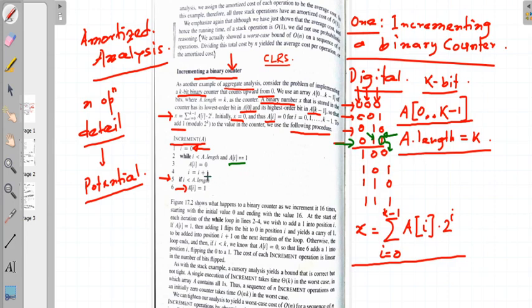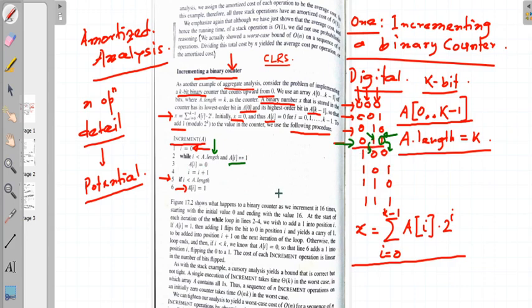So I is less than a.length and A[i] equals 1. You can think of a.length as, if I'm starting from 1, then the index is starting from 0, so a.length will be 2. So A[i] equals 0 if it is 1, and then this will be 0 again.